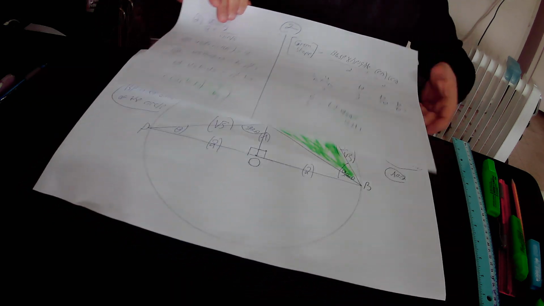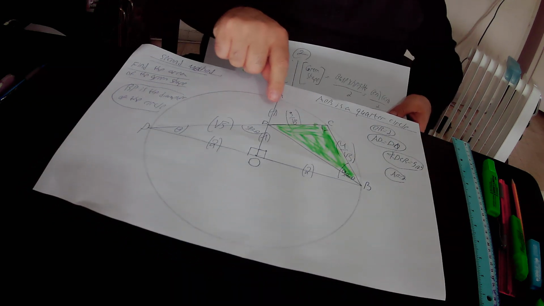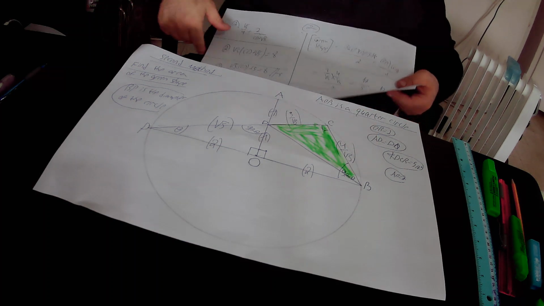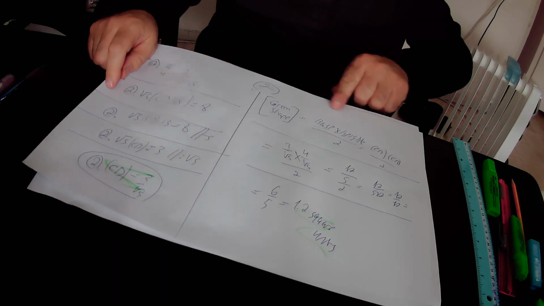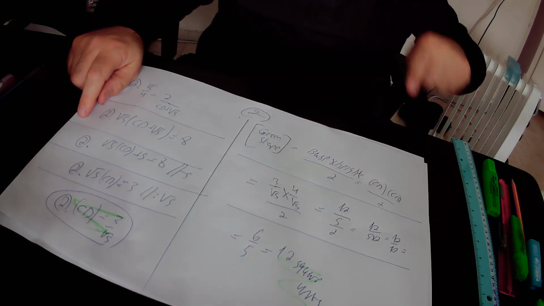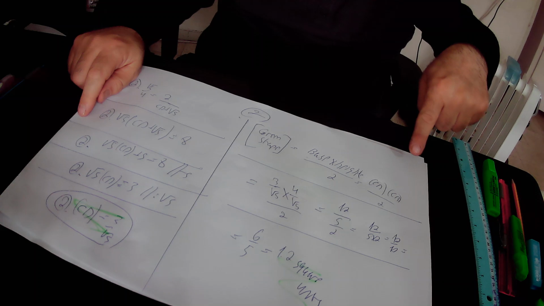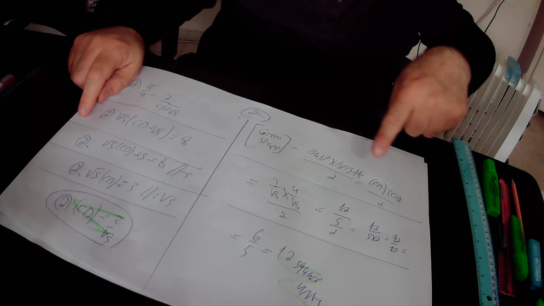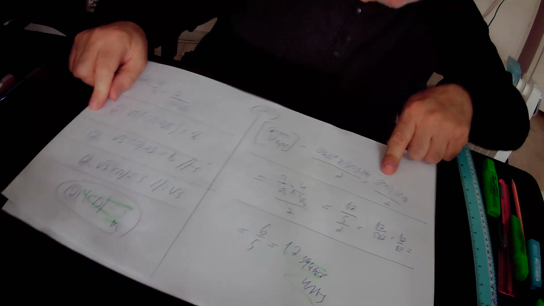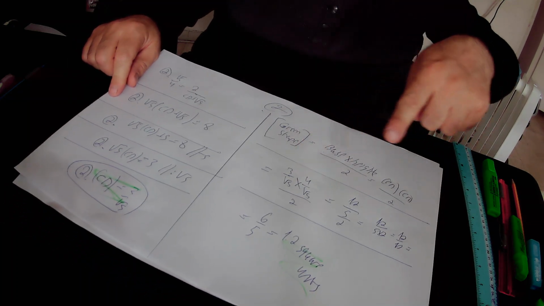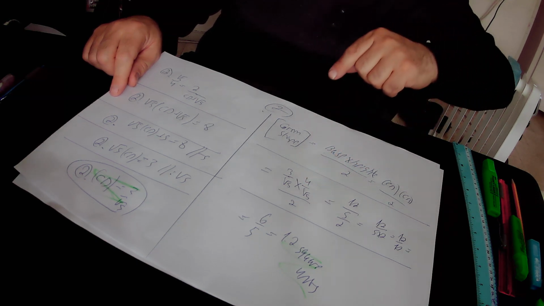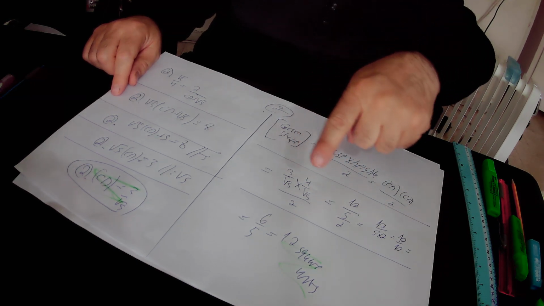We choose the base CD and the height CB, divided by 2. CD is 3 over square root of 5 times CB is 4 over square root of 5, divided by 2. So the green shape equals the value of this expression.